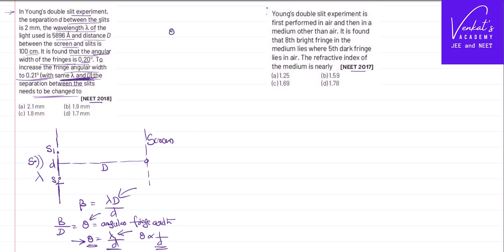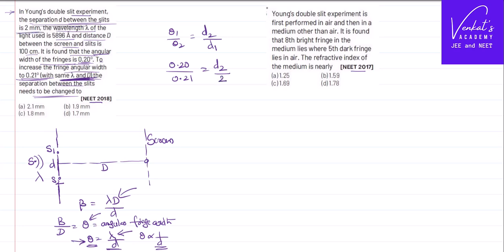So, I can write the formula theta 1 by theta 2, the angular fringe widths 1 and 2, equal to d2 by d1, where d is the distance between the slits. Theta 1 is 0.20 by 0.21, d2 we have to find out. d1, the distance between the slits, is given as 2 millimeter.